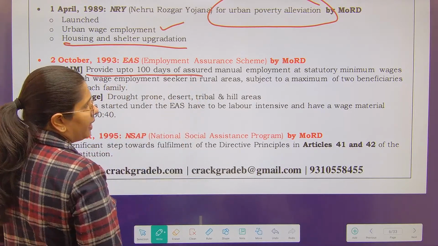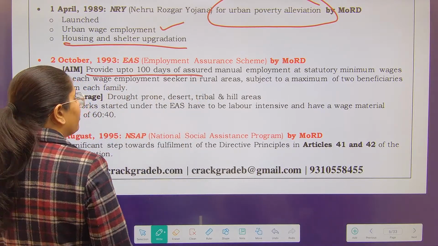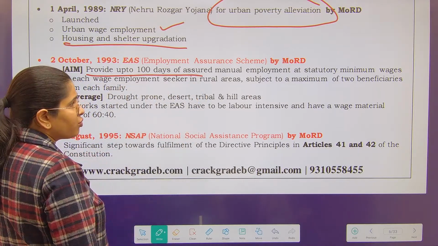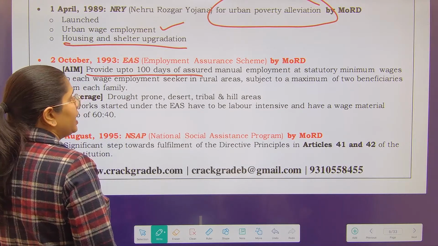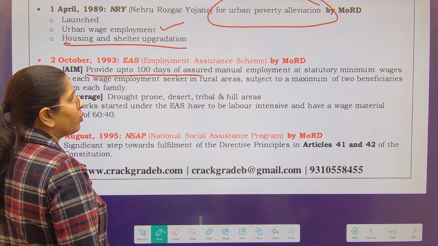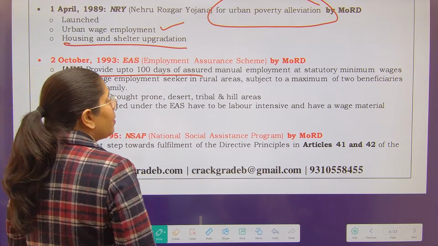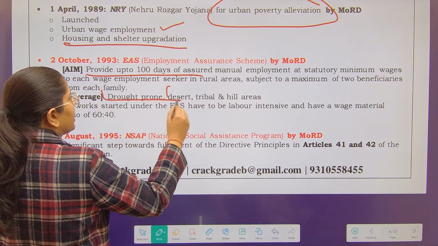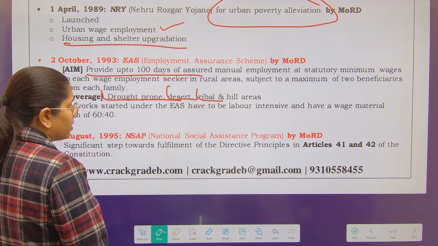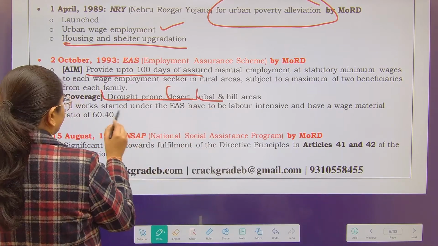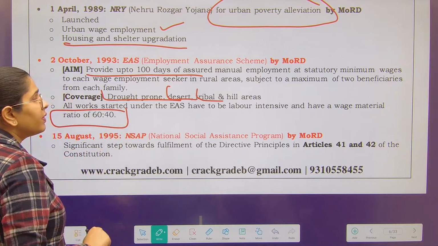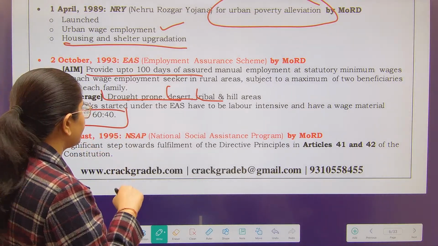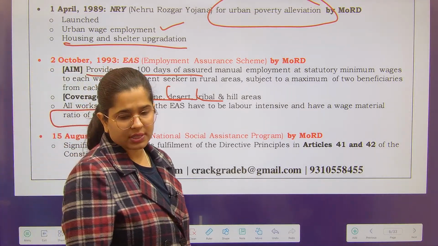That up to 100 days of assured manual employment will be provided at the statutory minimum wages to each wage employment seeker in the rural areas. Maximum 2 beneficiaries from each family. Drought prone, desert, tribal and hill areas were covered here. And all the work started had to be labor intensive and have a wage material ratio of 60-40.